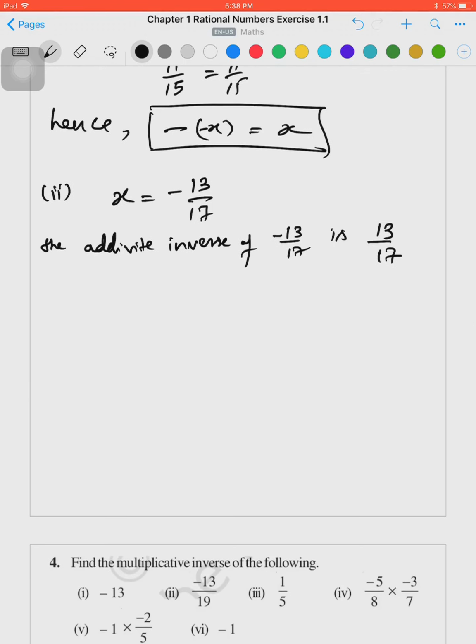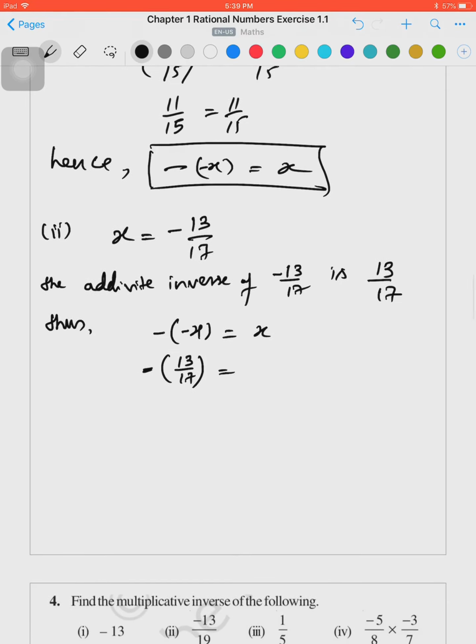Now we'll check it for this equation, minus of minus x equals x. So we have minus outside, and inside the bracket the negative of this number, which is 13 by 17, equals x. So here we have plus and also we have minus. Plus minus will be minus. You have to write the number, just 13 by 17. So plus minus will become minus.